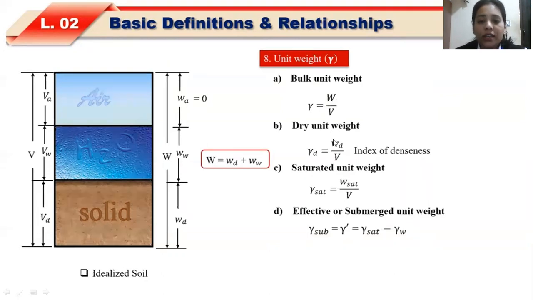Dry unit weight is dry weight upon volume. Saturated unit weight is saturated weight upon volume. The upper term is variable, but the volume is constant in every formula, as you can see. And the submerged unit weight is also denoted by gamma dash, gamma submerged, which is gamma saturated minus gamma w.